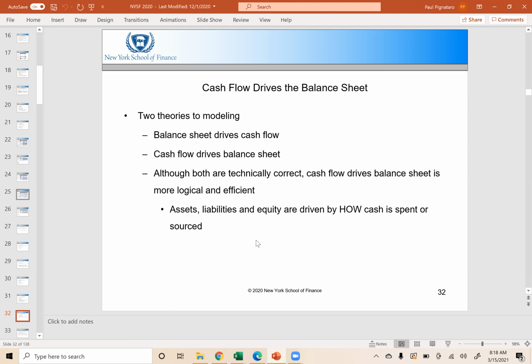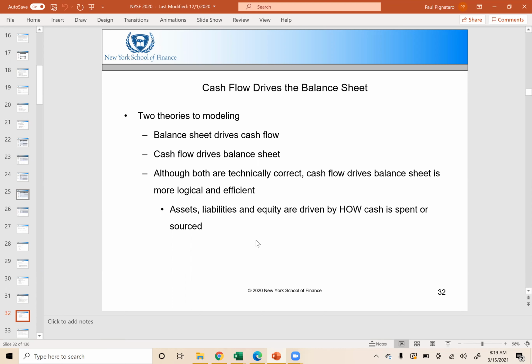The other way is if you have an income statement, you have a balance sheet, and then you have to solve for a cash flow statement. So, for example, in private equity, a lot of times you are dealing with companies that might not even have a cash flow statement.